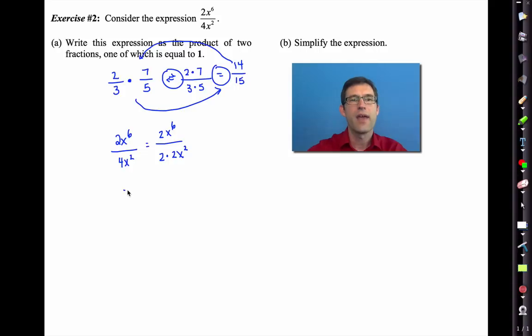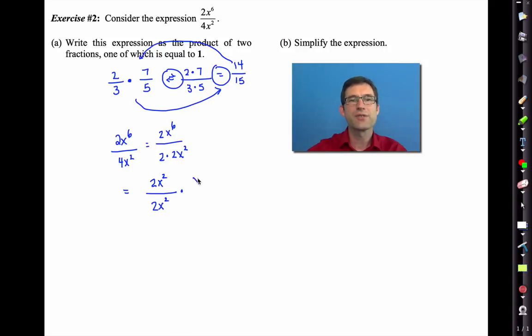And in fact, we can write one of these fractions equal to 1 as long as the thing in the top, the numerator, is the same as the thing in the denominator. Well, what's common to both things in the numerator is that factor of 2. So this is actually a GCF problem. And what's common to both the numerator and the denominator in terms of x is x squared.